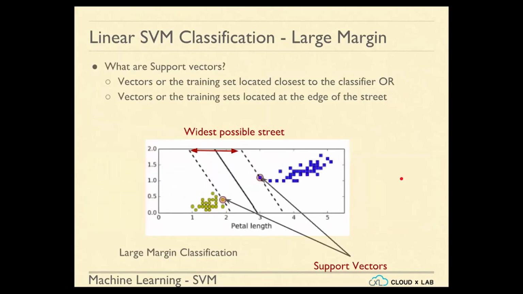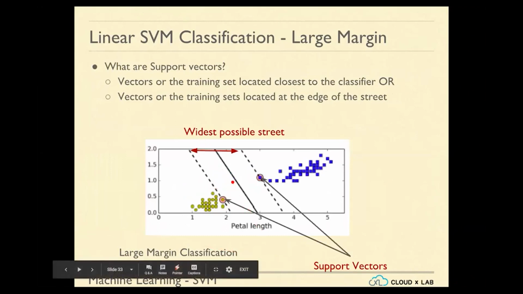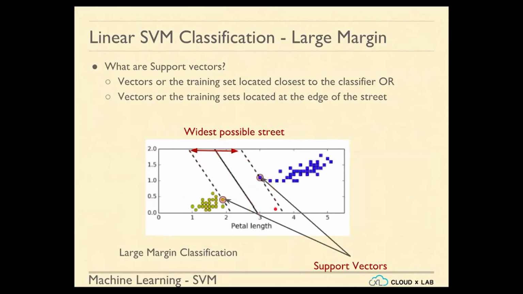Now, these lines that you see, the extreme edges of the street, are called support vectors. As part of SVM, we come up with this kind of a street, or the lane between the two data points.